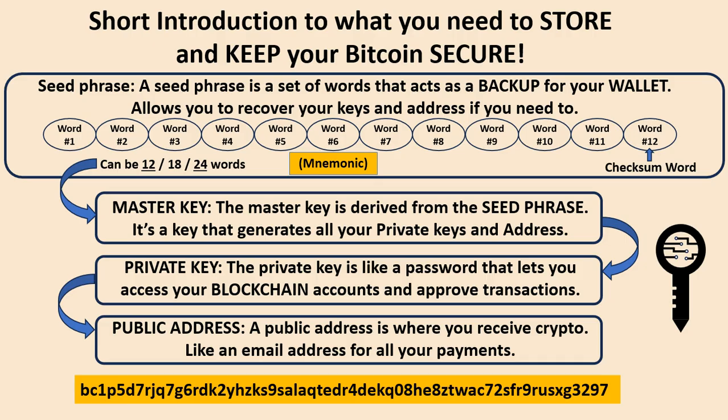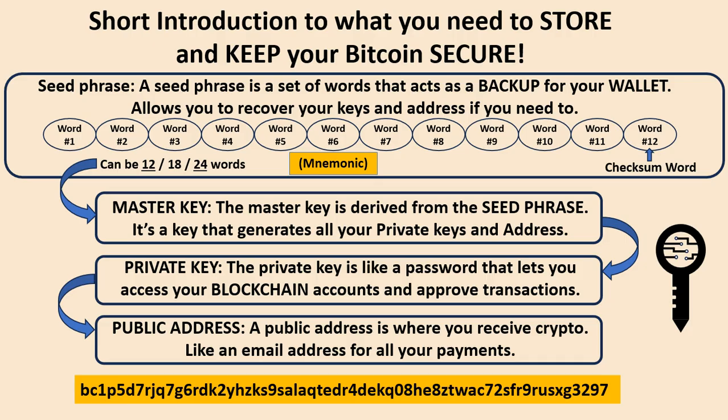And from those words, they create the mnemonic phrase, which creates your master key, which is derived from that seed phrase, and what creates the private keys and addresses. Those private keys are like the password that lets you access the blockchain accounts and approve those transactions. What the public sees is the public address. It also creates that where you receive your crypto. It's kind of like an email address for all your payments.